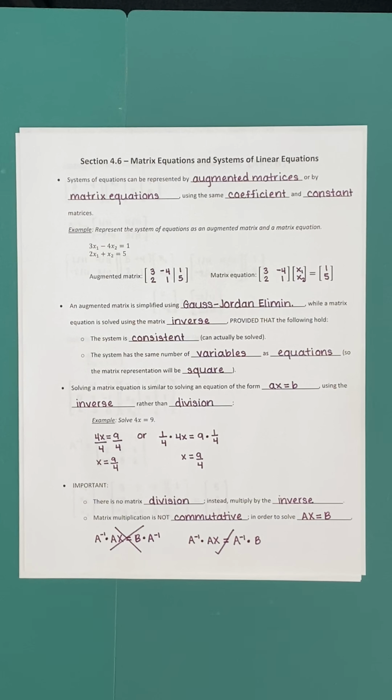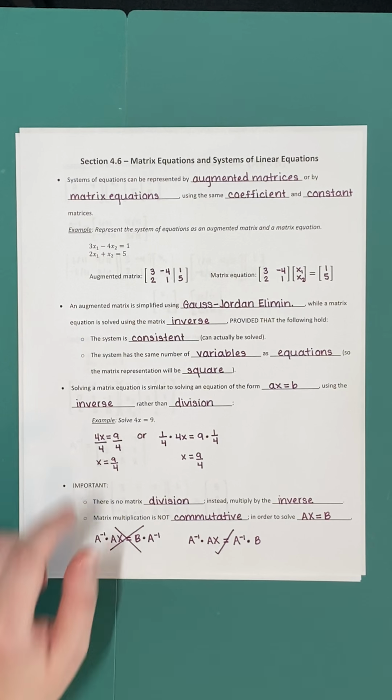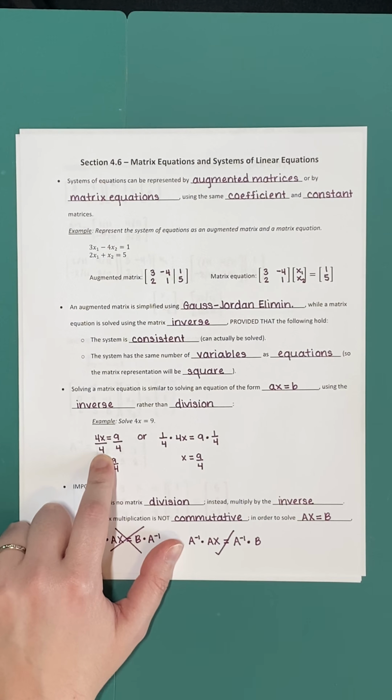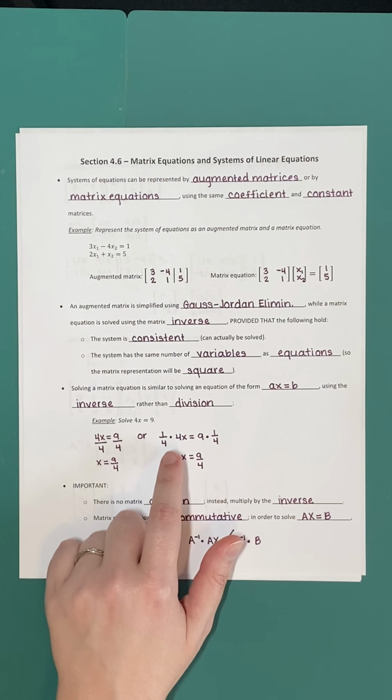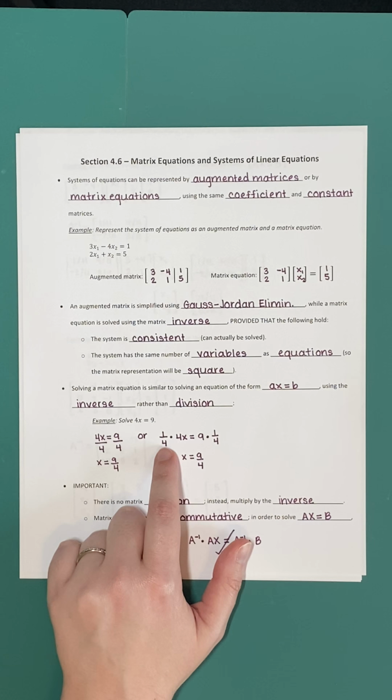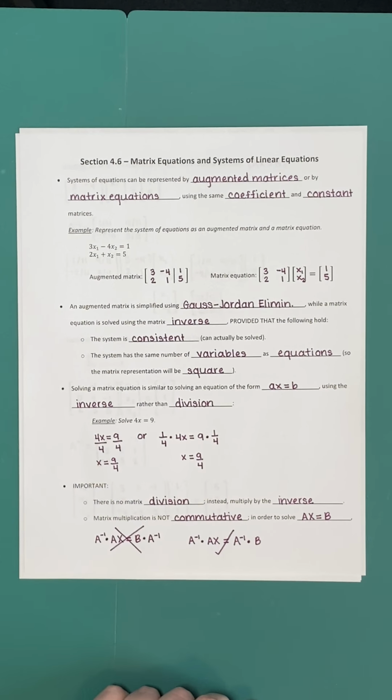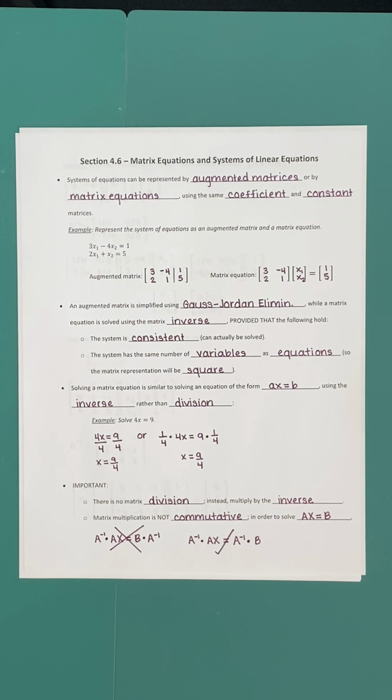There's actually another way to essentially do the same thing, but make it look a little bit different. Use multiplication instead of division. So dividing by 4 is also the same thing as multiplying by 1/4. Those represent the same operation in the sense that they do the same thing to this particular kind of problem.